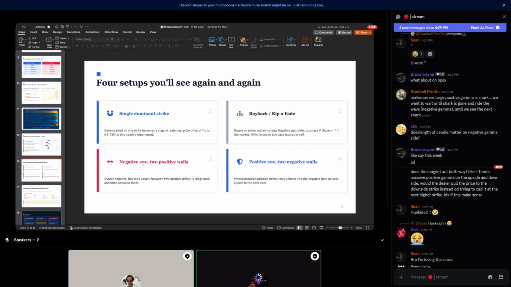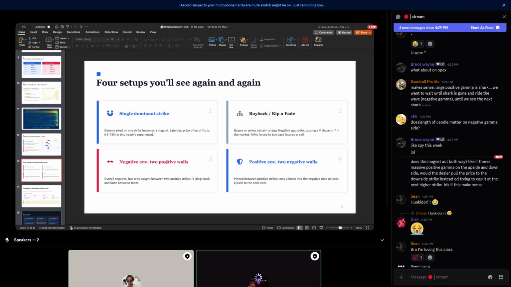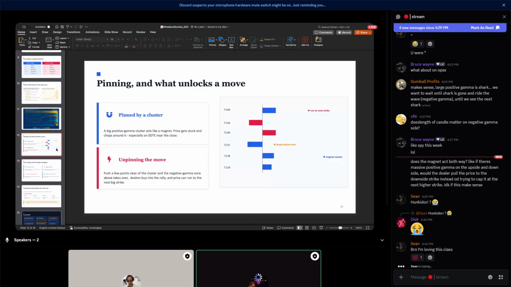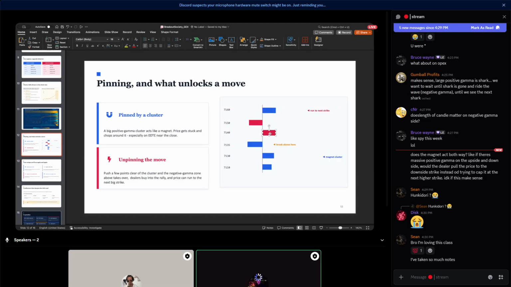Another thing you might see is negative GEX with two positive walls in between. What this would look like is, again, maybe something like this.